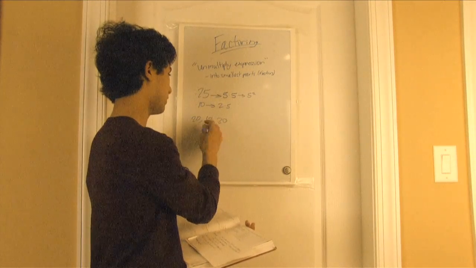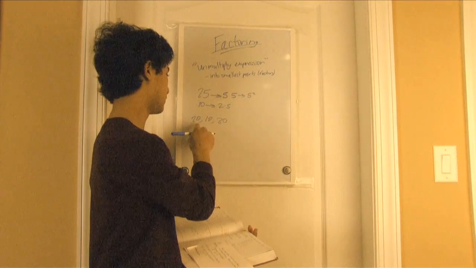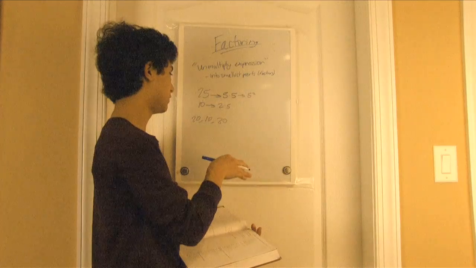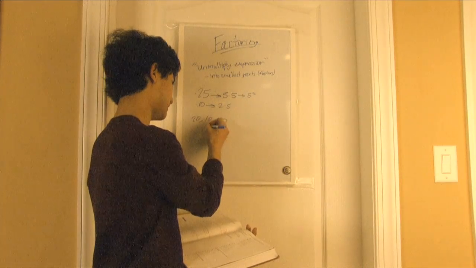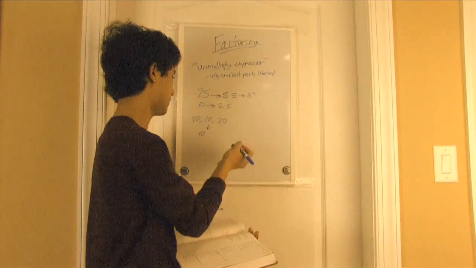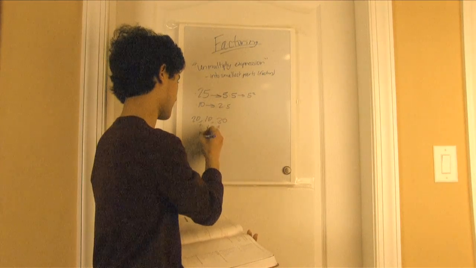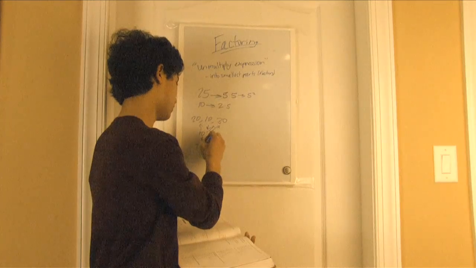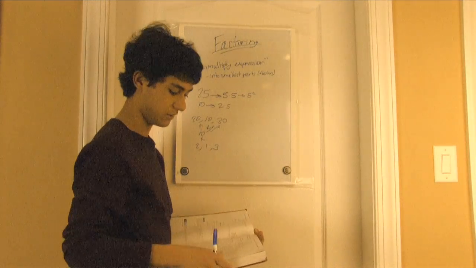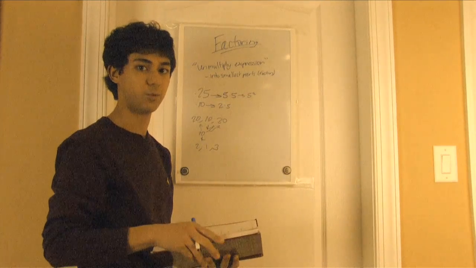You can choose 2, which would divide 20, 10, and 30, but the best one is 10, because that's the GCF, since it divides all of them evenly, which would give you 2, 1, and 3 if you divide them all by 10. So that's an overview of chapter 5.4.